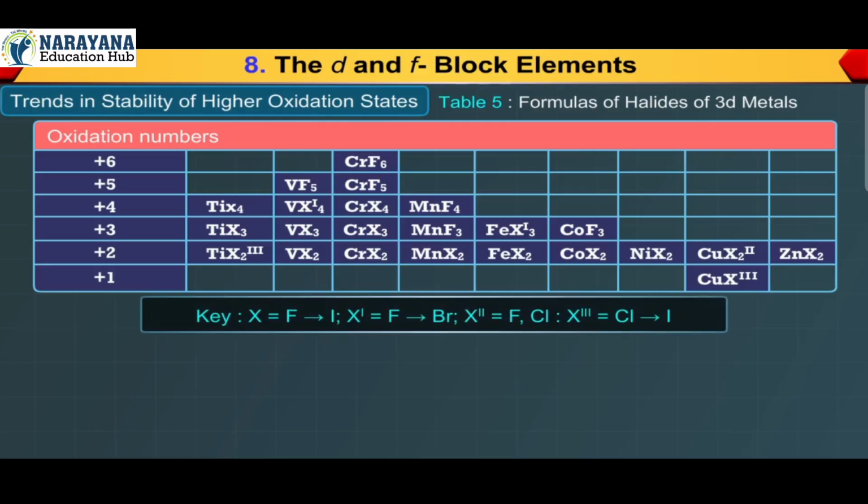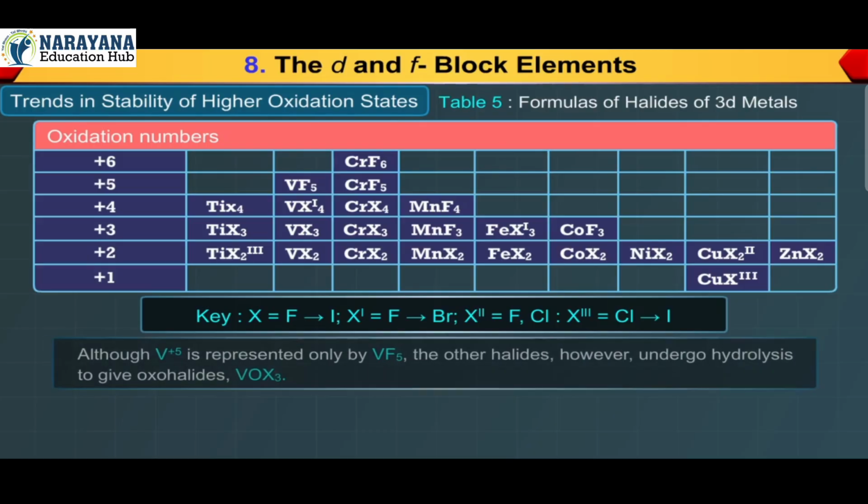Key: X = F to I; X1 = F to Br; X2 = F, Cl; X3 = Cl to I.